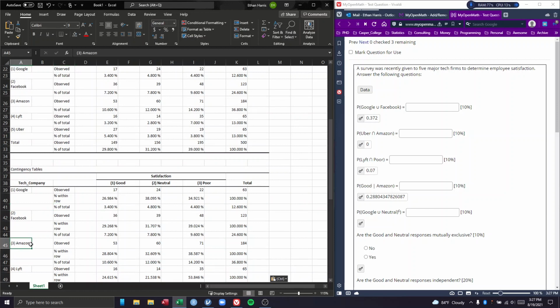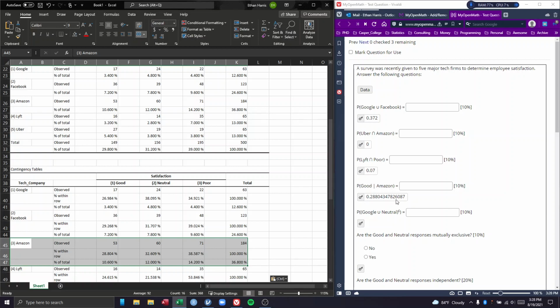Very handy. So let's go ahead and highlight Amazon. And if we notice, we get Amazon, and we want to know what's the percent. So we're just looking at Amazon. And the percent within row, this is saying, just looking at Amazon, what percentage responded as good? And here it is, 0.28804. So that's quickly how we can get this conditional probability.